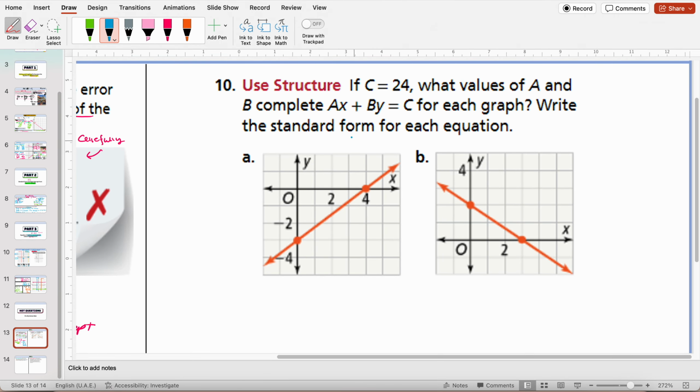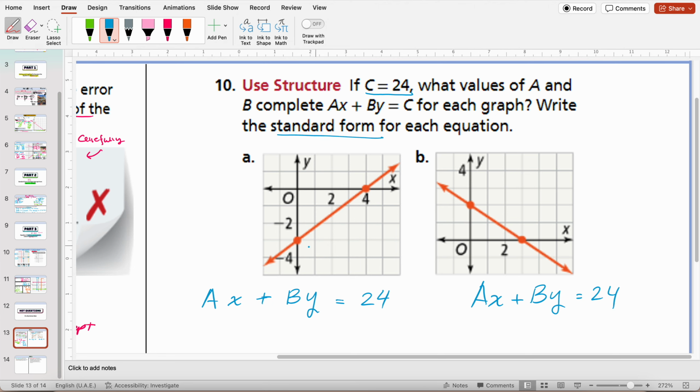Let's do this question. For this question, they're saying that if C is 24, the equation is ax plus by equals 24, for each graph, for both of them. Write the standard form.